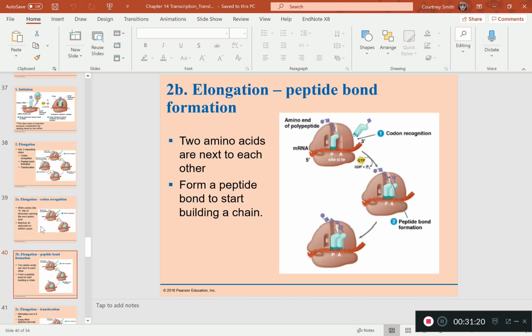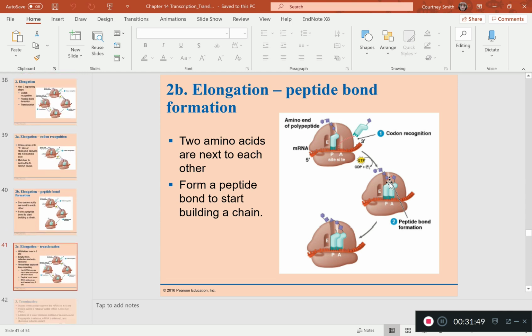And then once that happens, we get something called peptide bond formation. Once that codon recognition has occurred, the A and the P site of the ribosome are occupied, and at that point that peptide bond will occur between the amino acids. And that is how we actually start getting our peptide chain formed.